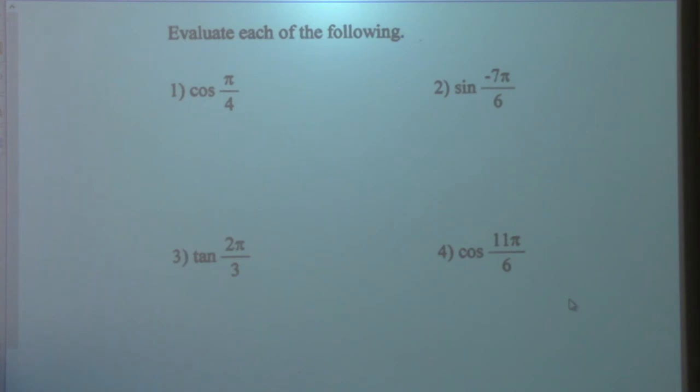Okay, evaluate each of the following. So basically this is an exercise set of put away the unit circle. Can you evaluate these without using the unit circle? The way I tell the pre-calculus students to do these is see if you can test these out by yourself using a hand trick, and then you can use your unit circle to check. You have that unit circle on that page, right? So you can check it.